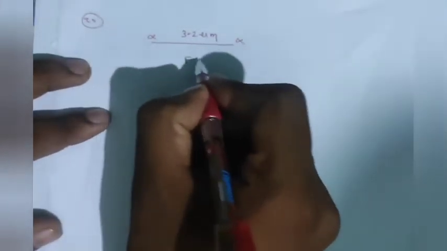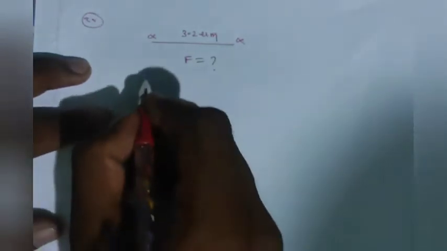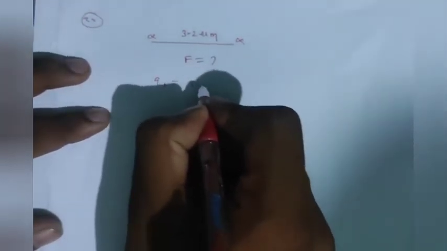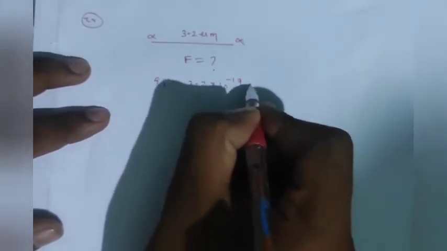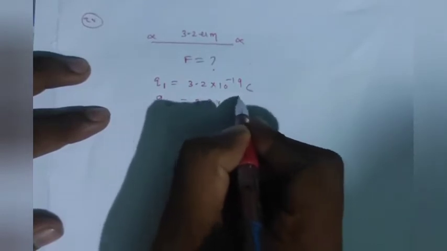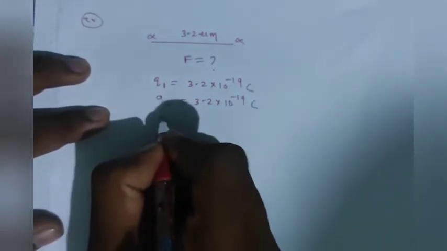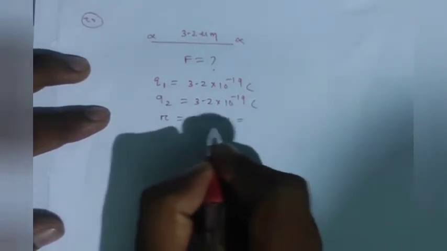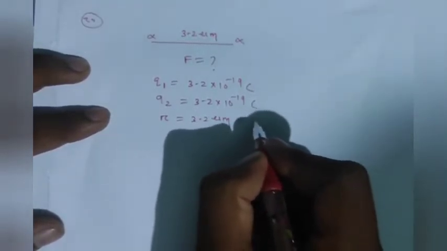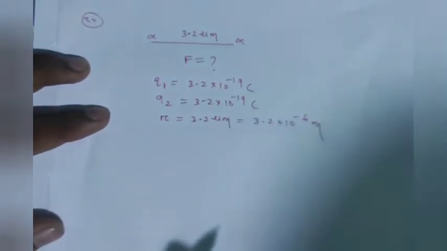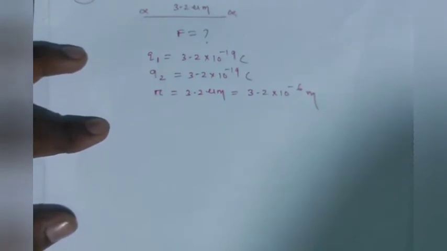We have to find the Coulomb force between them. The charge of the alpha particle is given as 3.2 into 10 to the minus 19 Coulomb. Q2 also will be the same, 3.2 into 10 to the minus 19 Coulomb. The distance between them is 3.2 micrometer. We have to change this unit into the standard unit, that is 3.2 into 10 to the minus 6 meter. So these are the quantities given in the question.